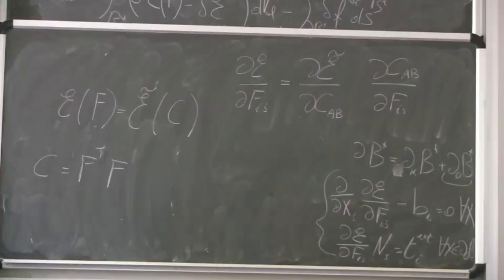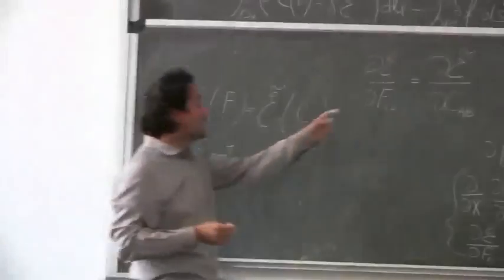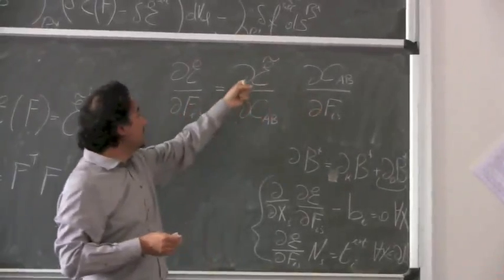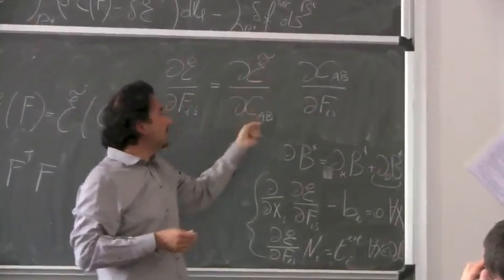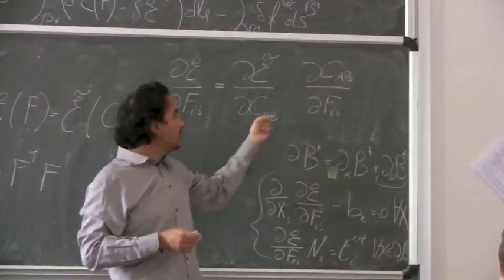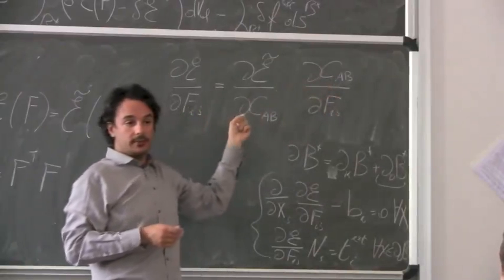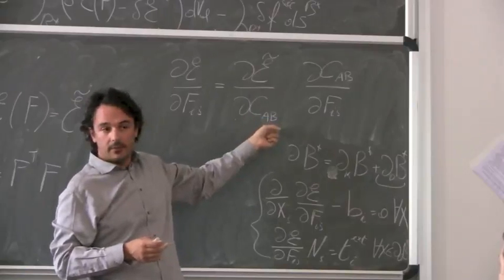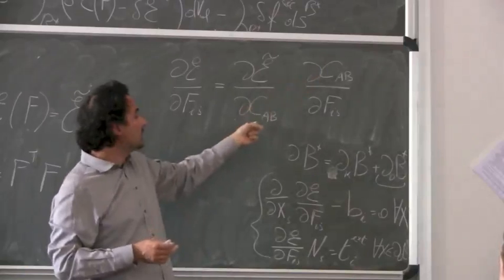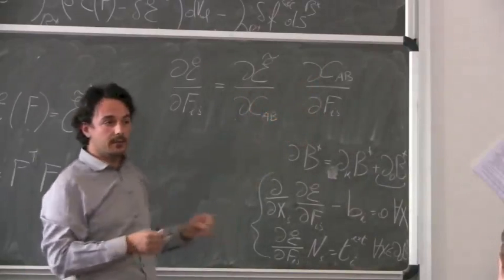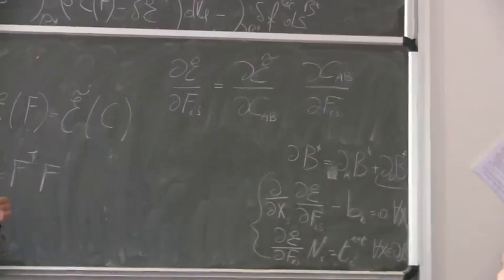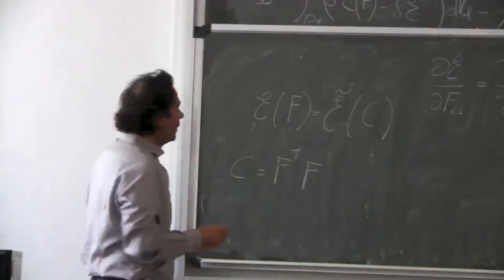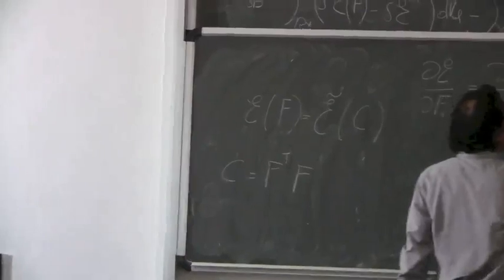This is the chain rule of derivation. If a function is a function of C that is a function of F, you have to sum over the intermediate function, so over A and over B, with AB equal to 11, 12, 13, 22, 23, 33. So it remains to calculate this part.